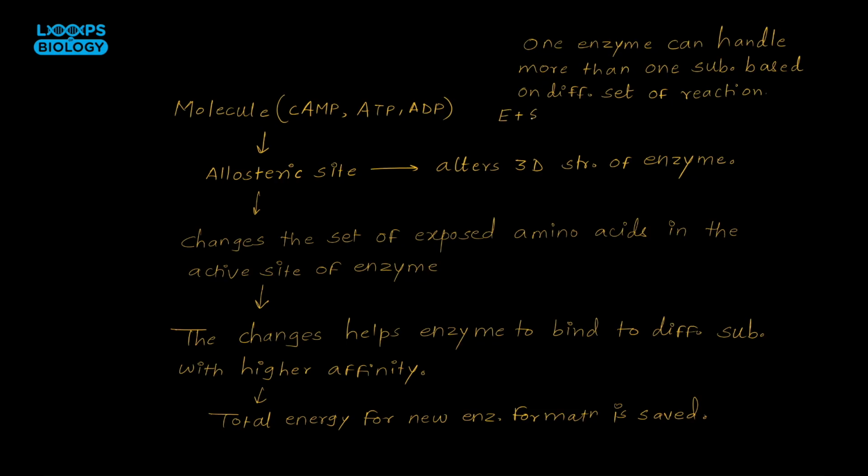Suppose enzyme plus substrate 1 is going to give me enzyme-substrate 1 complex and finally enzyme plus product 1, and enzyme plus substrate 2 is going to give me enzyme-substrate 2 complex and finally enzyme plus product 2. So basically I am obtaining two different products using the same enzyme and two different substrates. So the allosteric site is very, very important to regulate the complete site of the active site where the substrate or the inhibitor is going to bind.